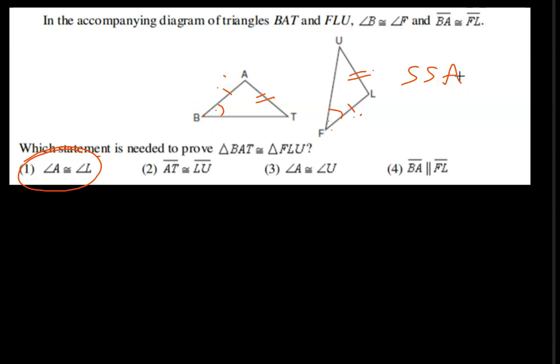SSA. Now we've already decided this is not a congruence postulate. So it could not be this answer choice. Let's look at the next one. All right, so from there, they said that angle A and angle U would be congruent. So here's angle A, here's angle U. Now I'm going to give it two curves.